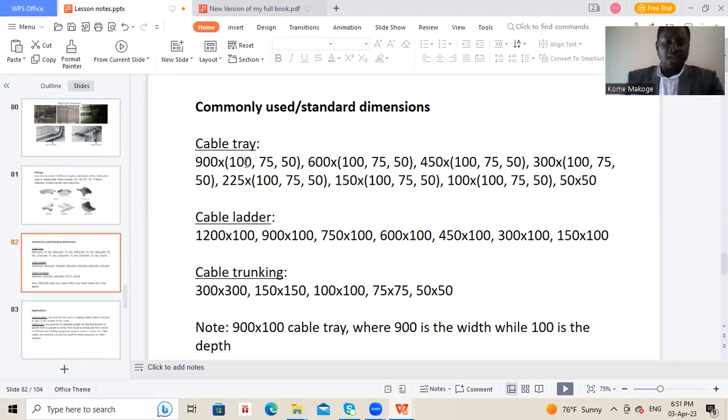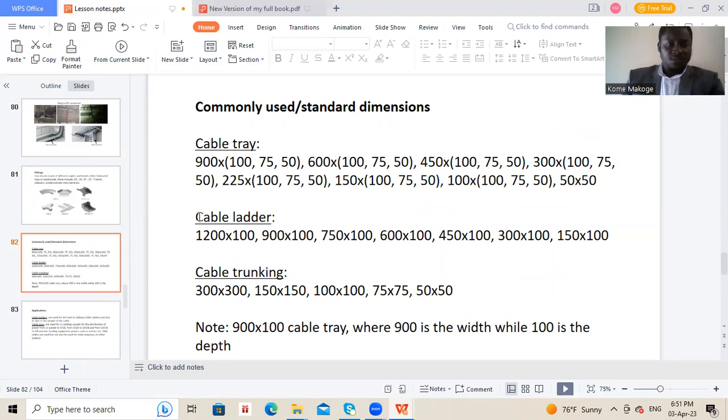And then the by 100 will be the height of the cable tray. By 75 will also be the height of the cable tray, and by 50 will also be the height of the cable tray. These are just standard. These are standard dimensions that we could find in the market. But again, they can still be customized based on the project specifications.